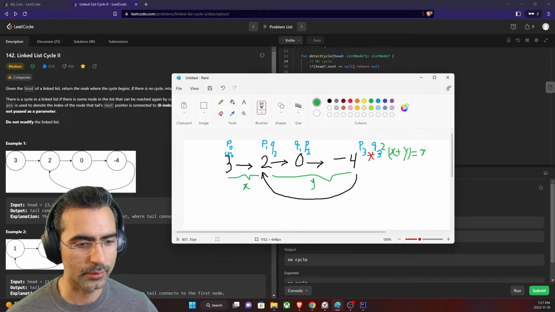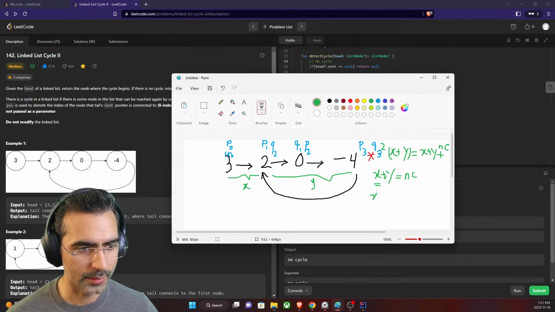So that would be also X plus Y plus N C, and C is the length of the cycle. So we can simplify this and say that X plus Y is equal to N C. And we are interested in X, okay? So we can say that X is equal to N C minus Y.